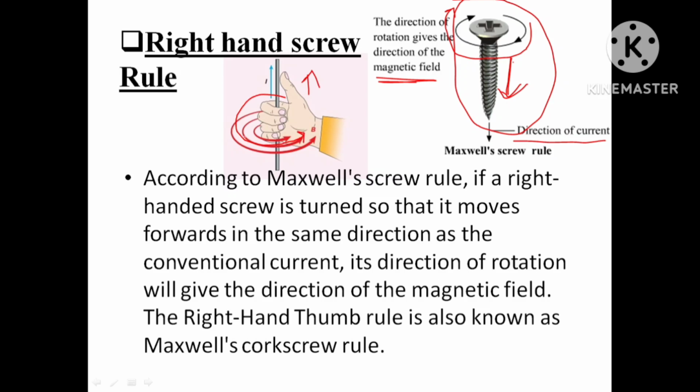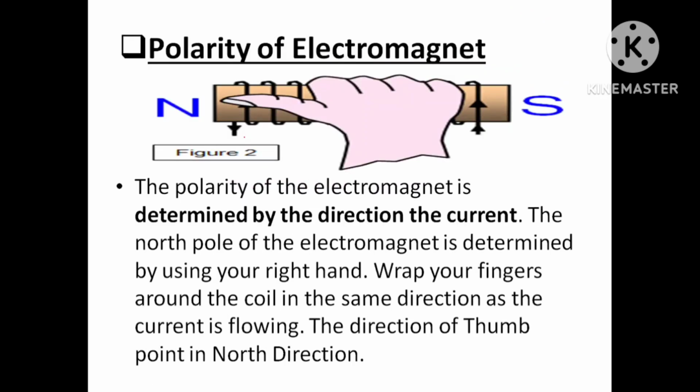So how will you know the polarity now? The polarity of an electromagnet is determined by the direction of current. For example, this is the positive terminal and this is the negative terminal.